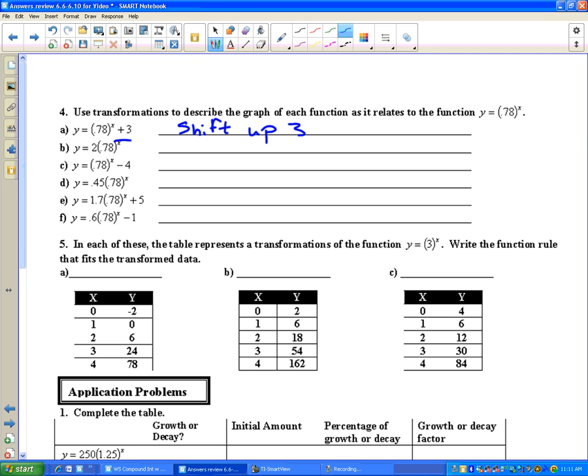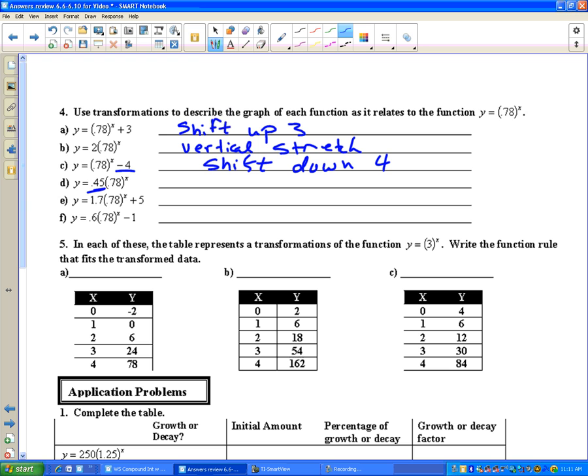For letter B, I have a 2 in front, so this is a vertical stretch by a factor of 2. Letter C, I have a -4 on the outside, so this is a translation or a shift down 4.